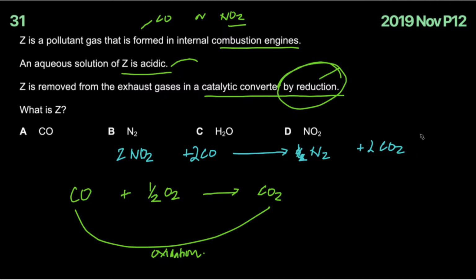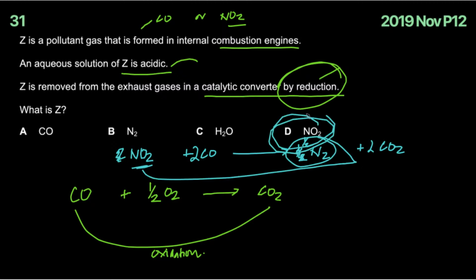So you can balance it out some way or the other. If you only have one here, you make it half. But the idea is that N2 gets reduced. So the answer is NO2 here, not CO. Carbon monoxide is not what we consider a pollutant.